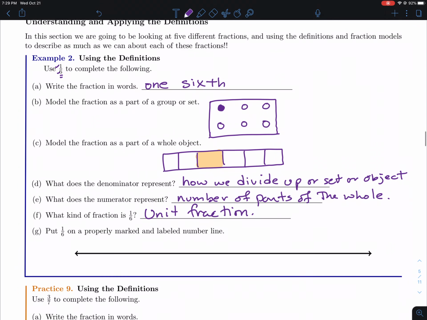And so finally, we're now using the number line for the first time. What we want to do is plot 1/6 on a properly marked and labeled number line. If you notice, I left it completely blank, so you have to do this all on your own. Since I'm graphing something really small, I'm going to use as much of the number line as possible.